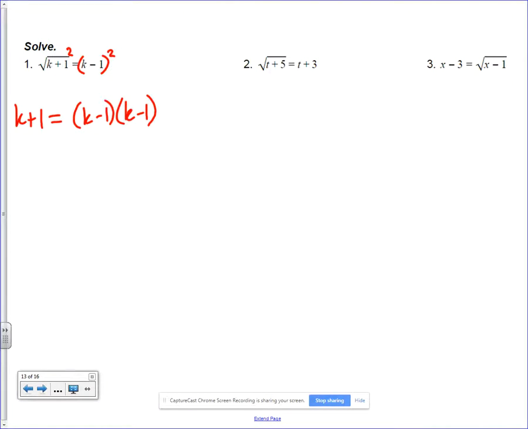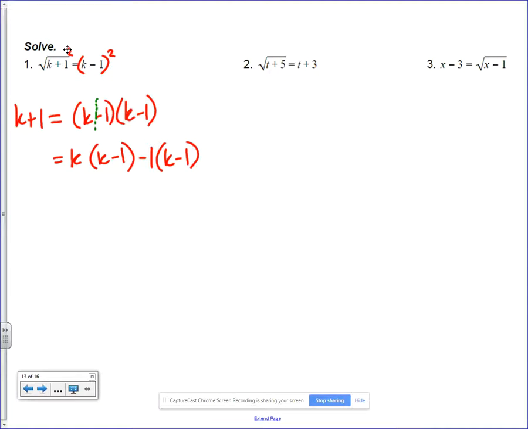What will it look like when I chop this in half to multiply? Now remember, folks, when we say chop it in half, you are literally cutting this first one down the middle. And you are taking the k and distributing it to the second parentheses and the minus 1 and distributing it to the parentheses.